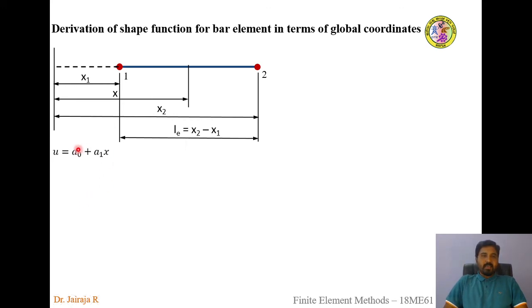This is a linear interpolation polynomial, u is equal to a0 plus a1 x. The generalized coordinates a0 and a1 can be determined by applying the boundary conditions. For example, at node 1, x is equal to x1 and u is equal to u1. So this equation becomes u1 is equal to a0 plus a1 x1.